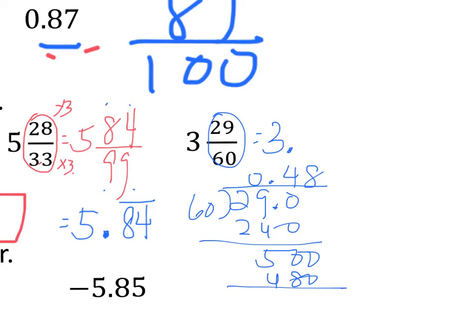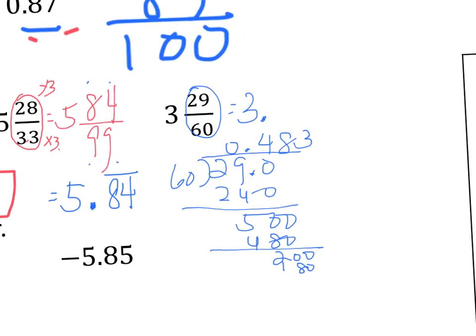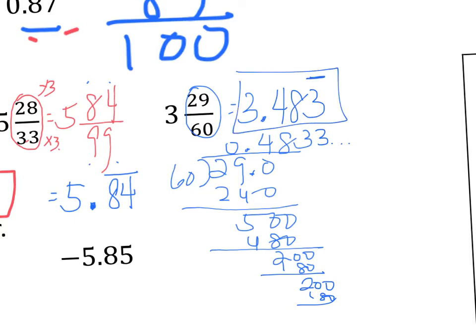This will give me what? 200. So 60 times 3, 180. And it's against me another 200. Oh, I found a repeating 3. So again, the 3 repeats. So your answer would be 0.483 with the 3 repeating, which was not that bad.